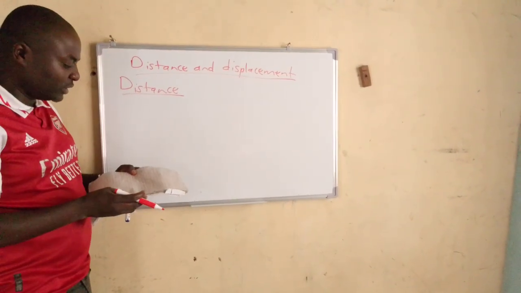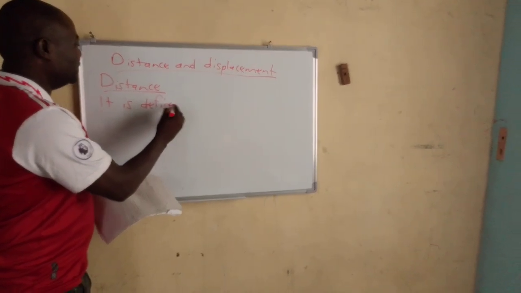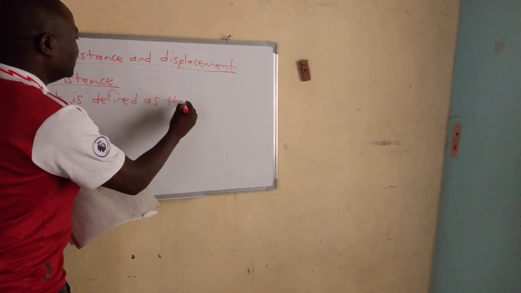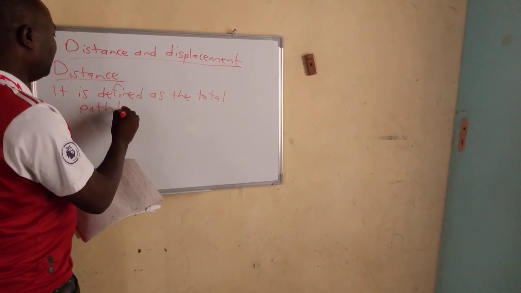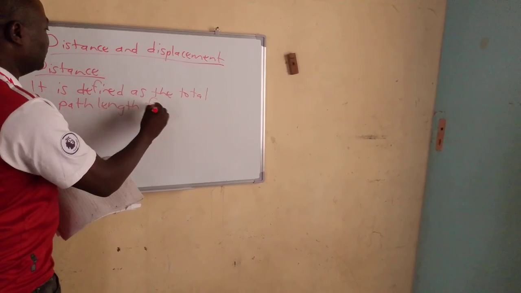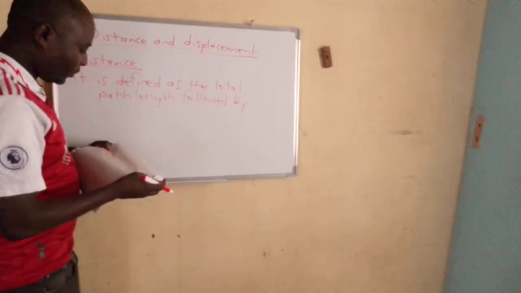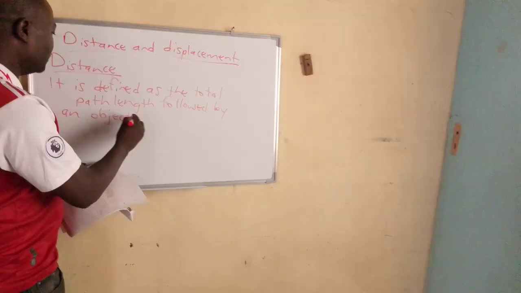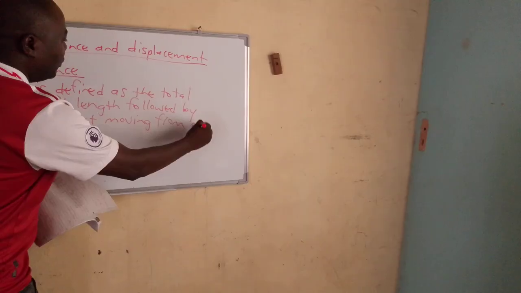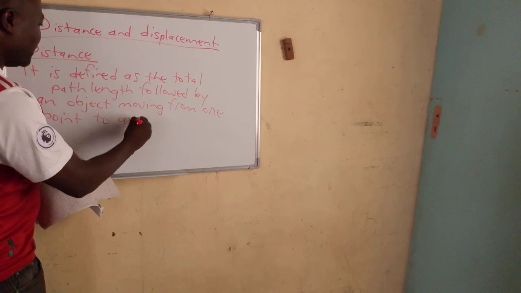Distance is defined as the total path length followed by an object moving from one point to another.